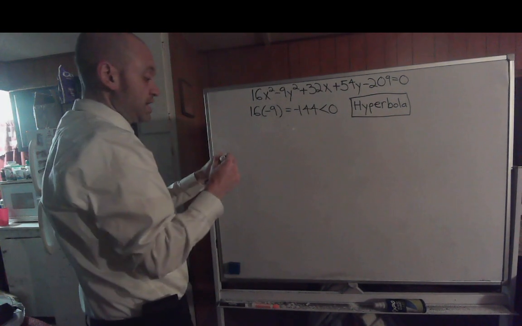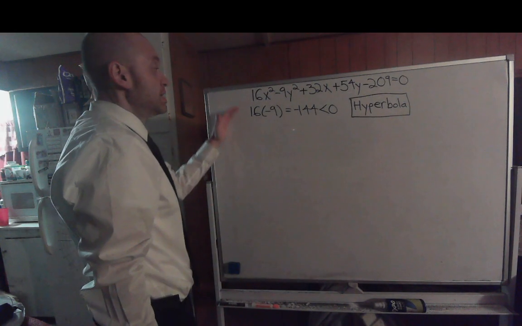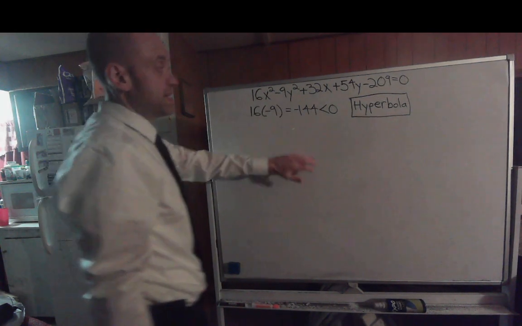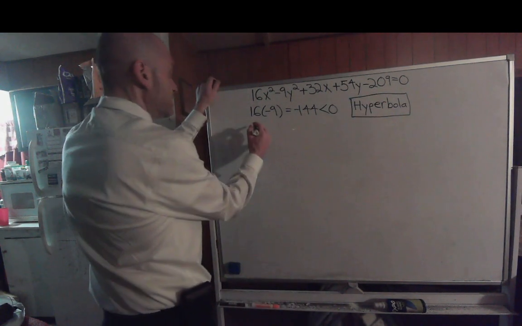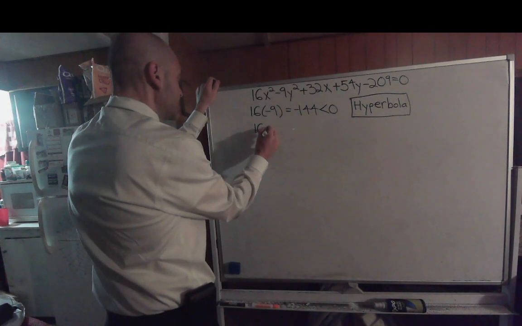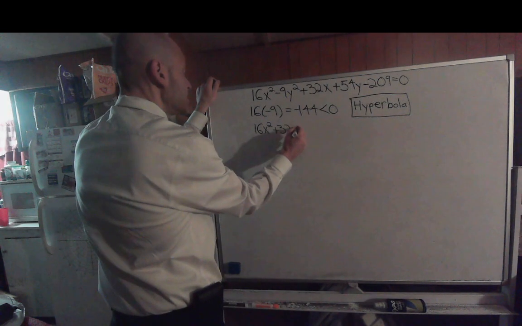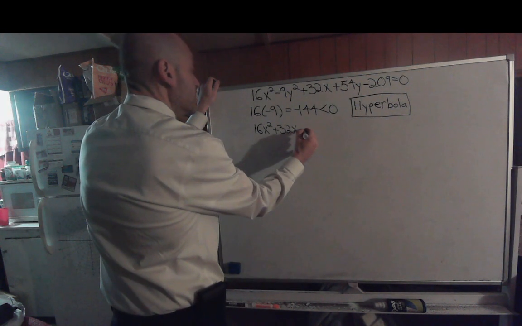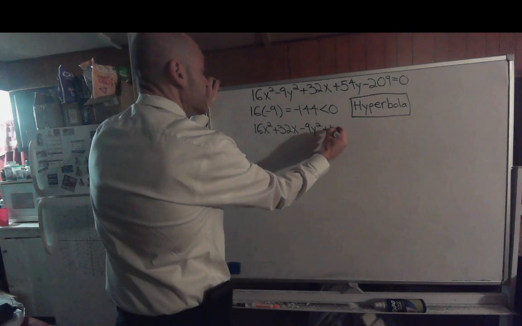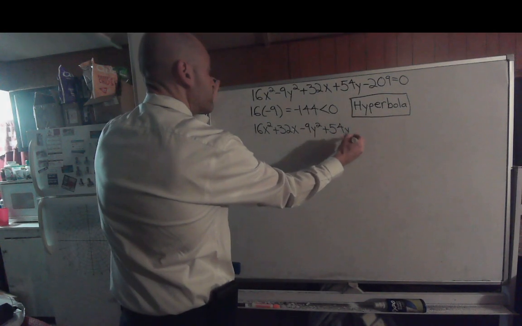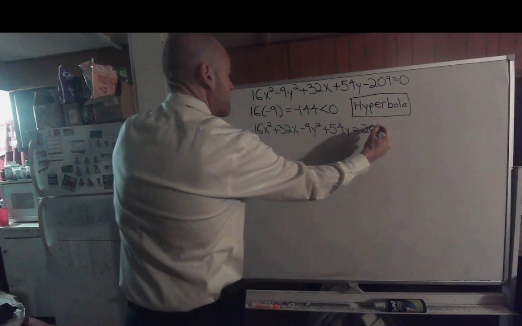Alright, so again, we need to start to work to get this into standard form. So get your x and y terms together on one side and get the constant term out of the left-hand side. This would turn into 16x squared plus 32x minus 9y squared plus 54y is equal to 209.